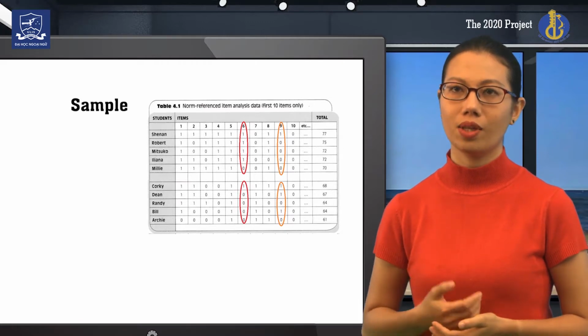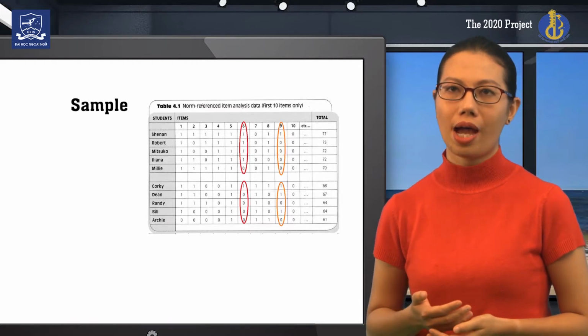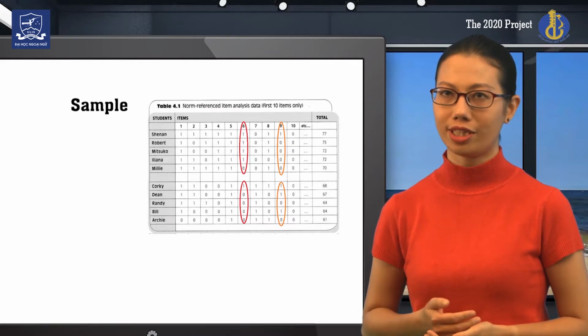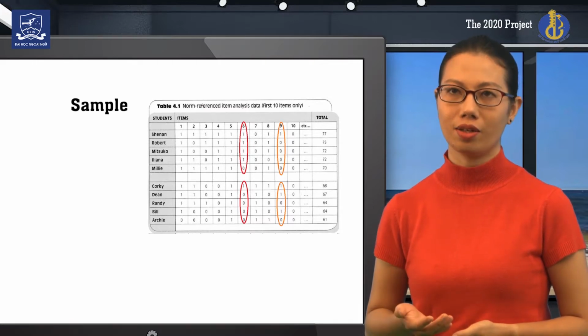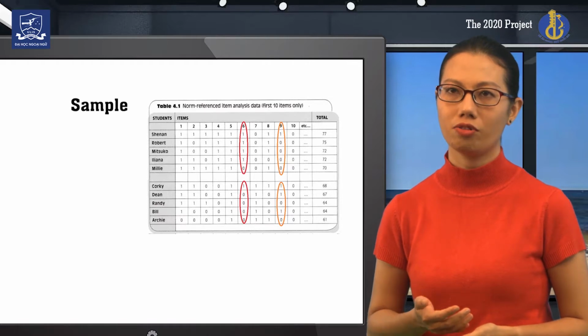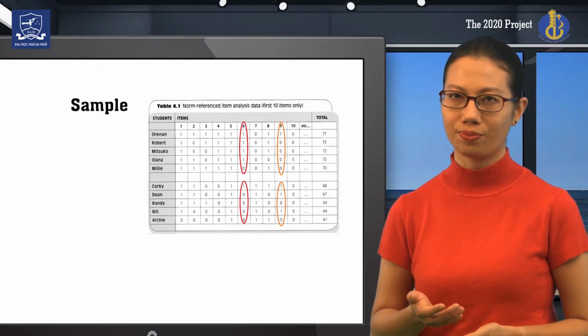On the other hand, an item like number 9, for which the upper group had an IF of 0.20 and the lower group an IF of 0.60, would have an ID of minus 0.40.